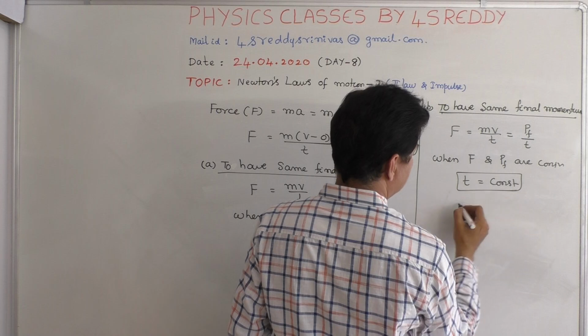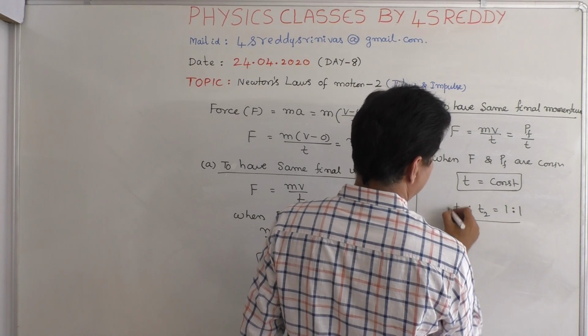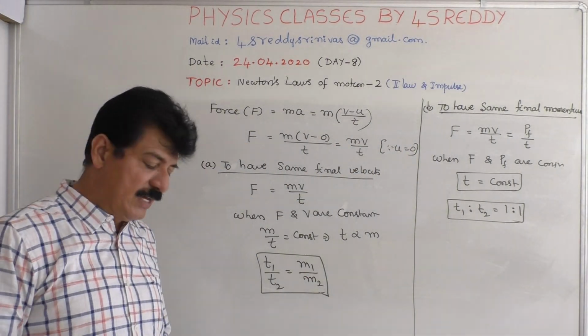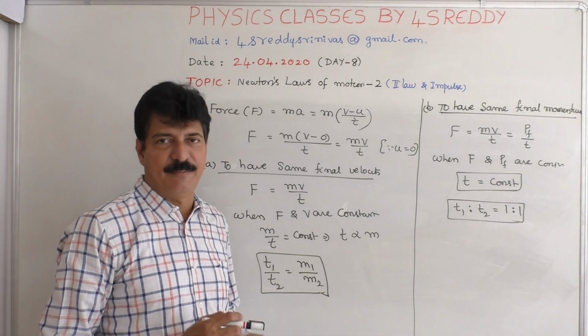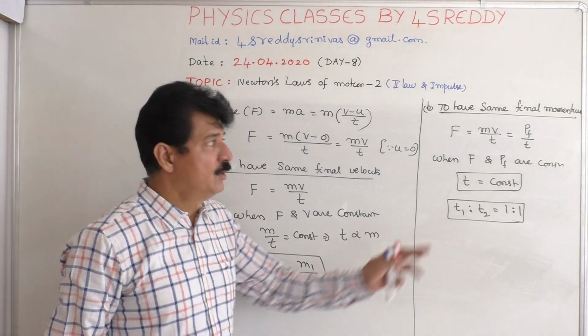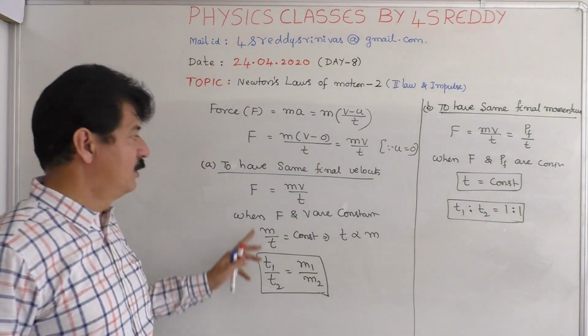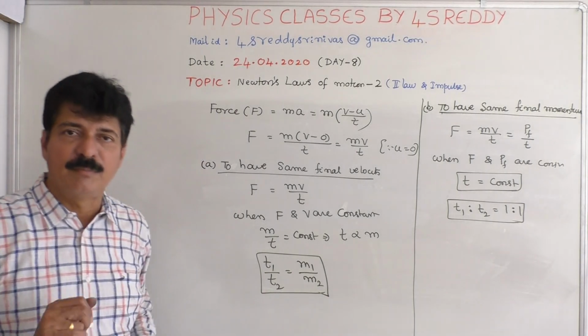If t is constant, the ratio of the times taken, t1 is to t2, is 1 is to 1. So, whatever the masses, if the final velocities are same, the times taken will be the same. So, to have the same final momentum, the ratio of times taken is the same. To have the same final velocity, the ratio of time taken is the ratio of the masses.